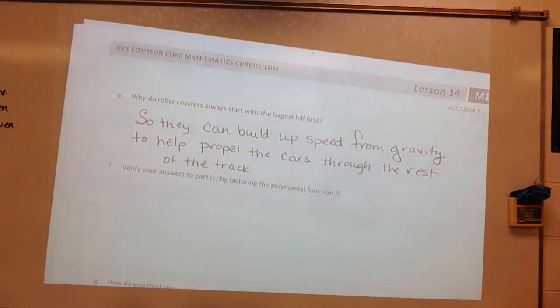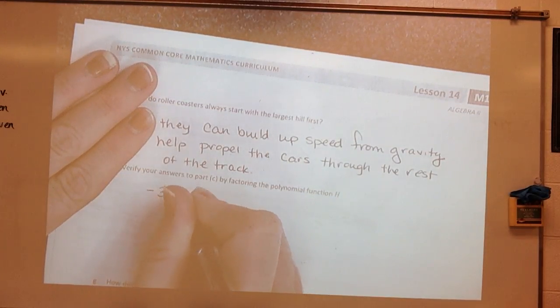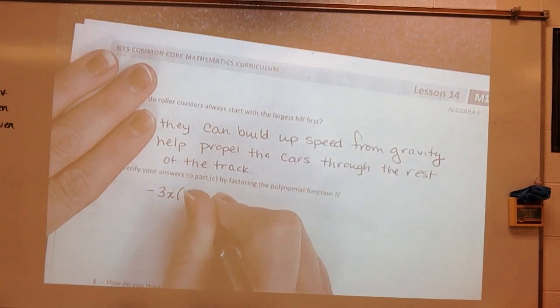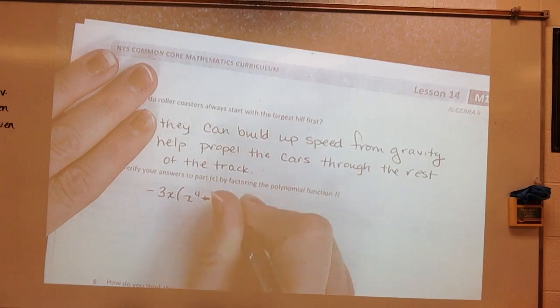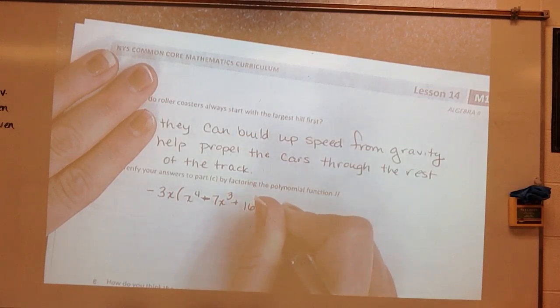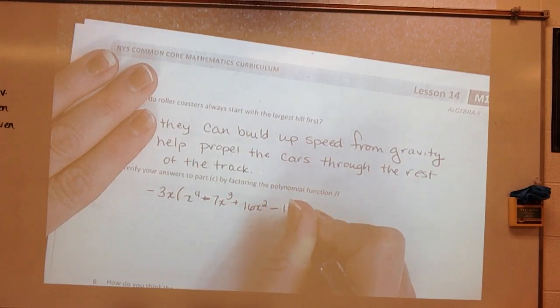But I'm going to start with looking at this, and I can pull a negative 3x out. So when I pull a negative 3x out, that leaves me with x to the fourth minus 7x cubed plus 16x squared minus 12.